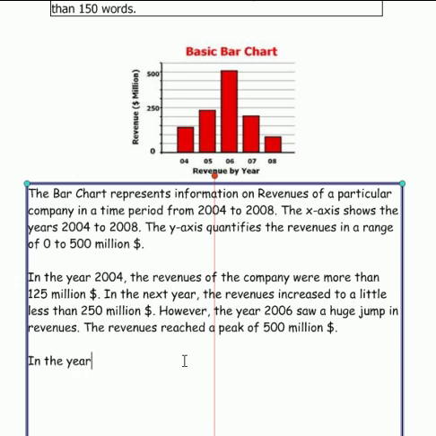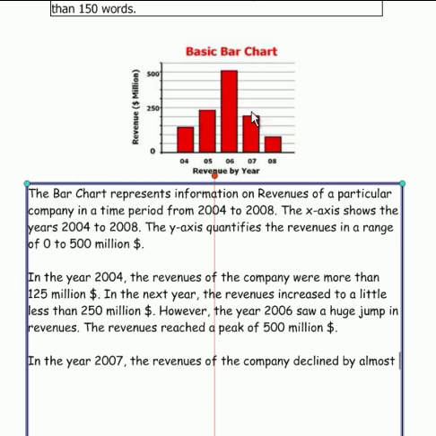In the year 2007, the revenues of the company declined by almost. Now what difference can you see between this and this? This is 500 and this is a little less than 250, so let's say around 230.